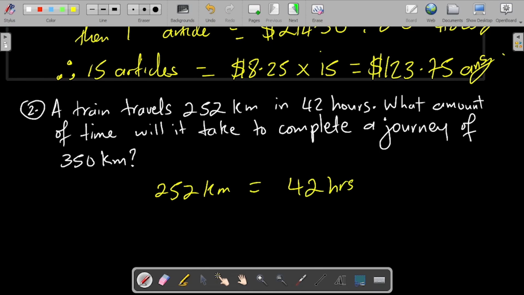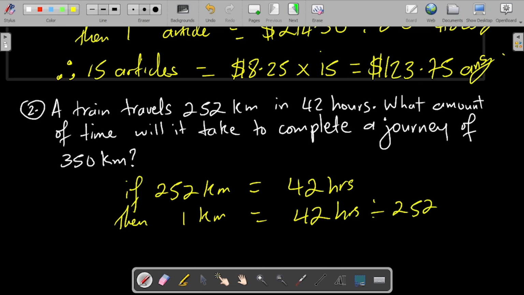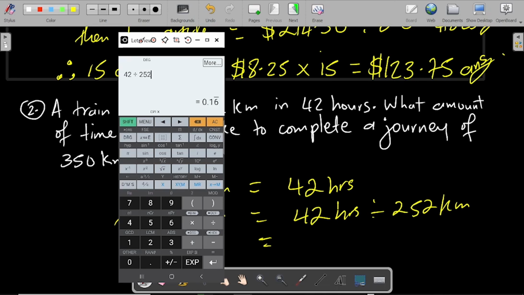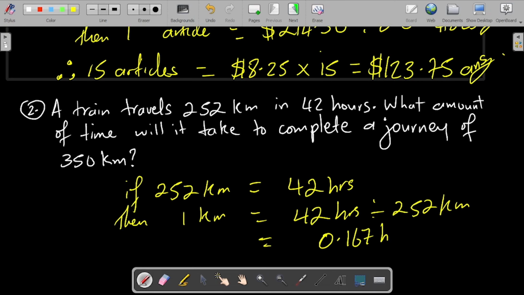Alright, so if that is the case, then 1 kilometer would be equal to 42 hours divided by 252 kilometers, and that gives us 0.167 hours.